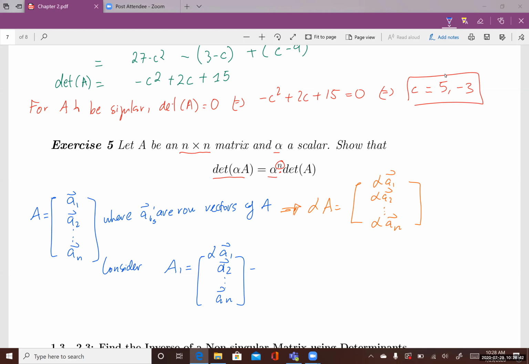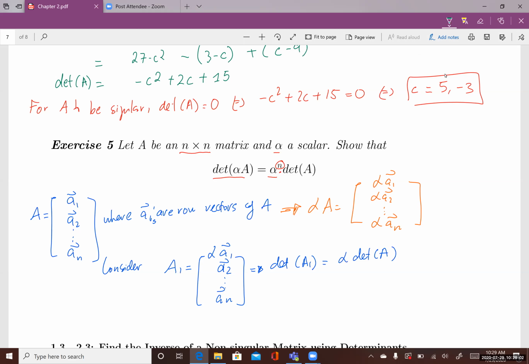Then the determinant of this new matrix should be alpha times the determinant of A, right? Just multiply alpha to the first row. Imagine that in alpha times A, you multiply alpha by all the rows.